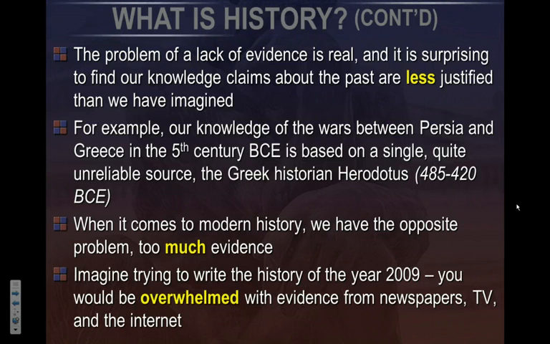So, for example, 2013, write a history book of 2013. What would you put in it? So you'd put some stuff for like Canadian modern culture or maybe North American modern culture.